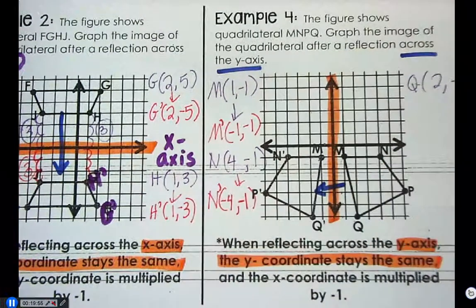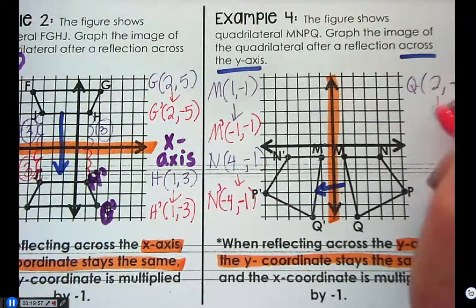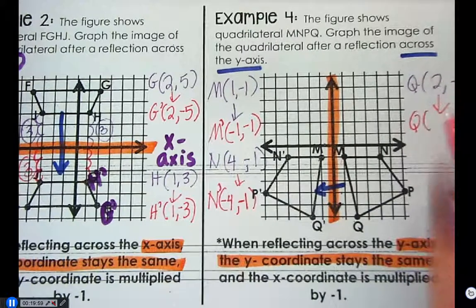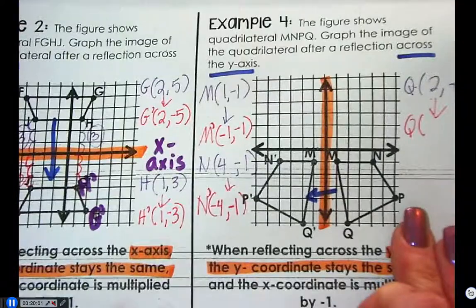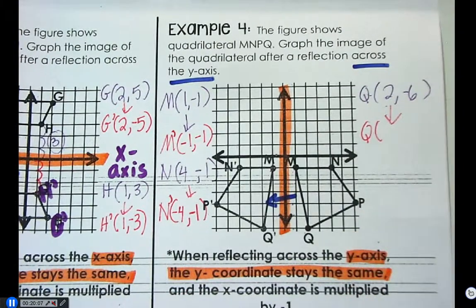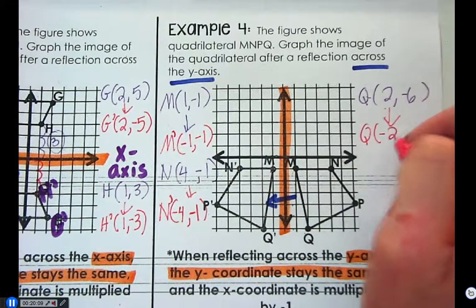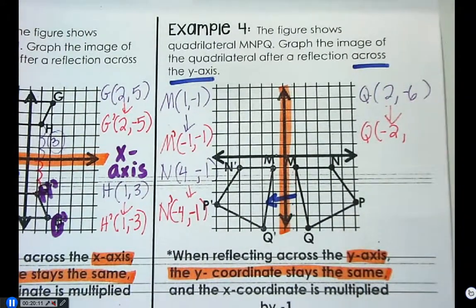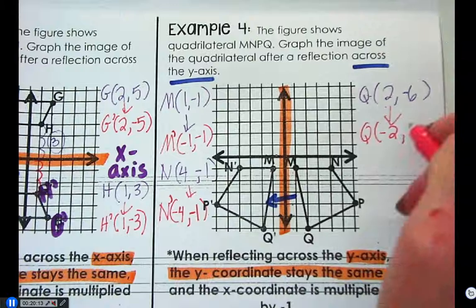So then what do I know is true? I don't even have to look at it, right? Does my x change or my y change? Oops, sorry. My x is going to change. My x is going to become the opposite, -2. And what happens to my y value? Stays the same.